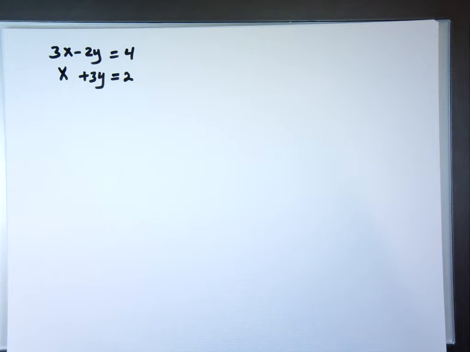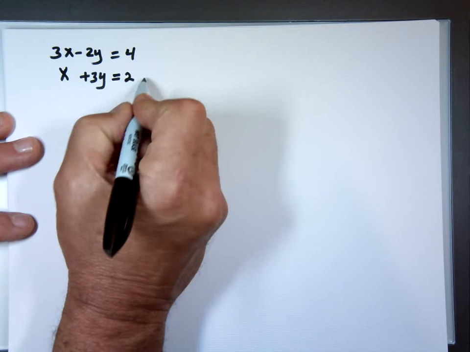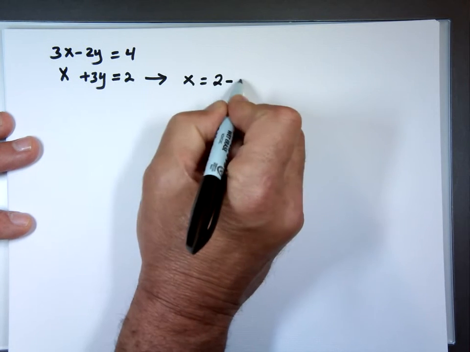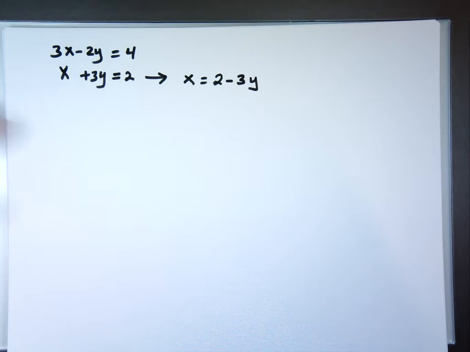Again, we need to solve for one of the variables. What do you want to solve for? Which one is the easiest one to solve for? In which equation? The bottom one, for x. Sure. x equals what? 2 minus the 3y.